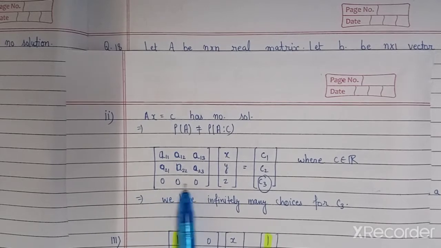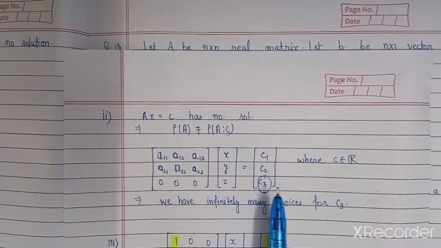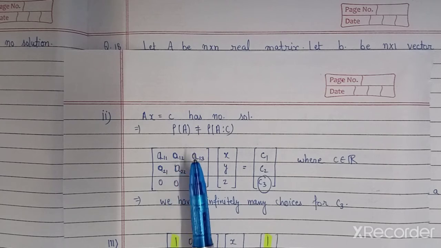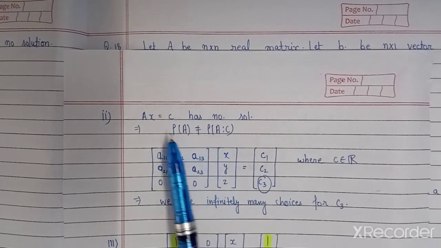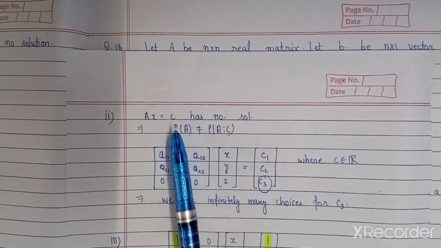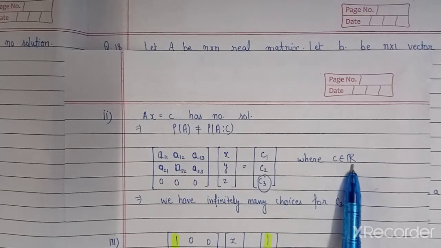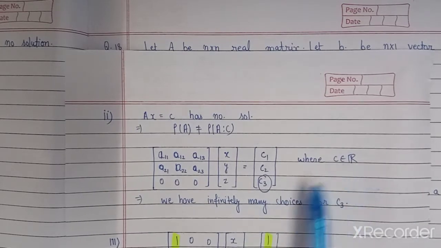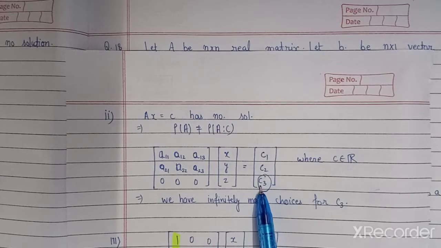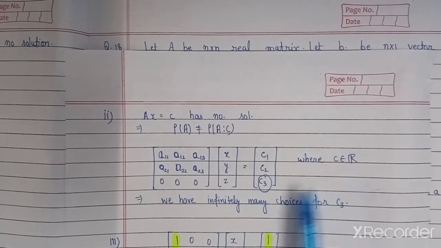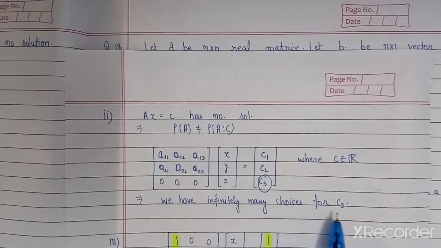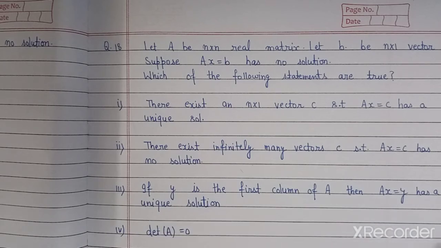So I take the third row equal to 0. Now in the option it is given that there exist infinitely many vectors C which have no solution. Here C1, C2 and C3 belong to R, and we have infinitely many non-zero numbers which belong to R. So this implies there are infinitely many choices for C, and Ax = C has no solution for infinitely many choices of C. This implies option number second is true.